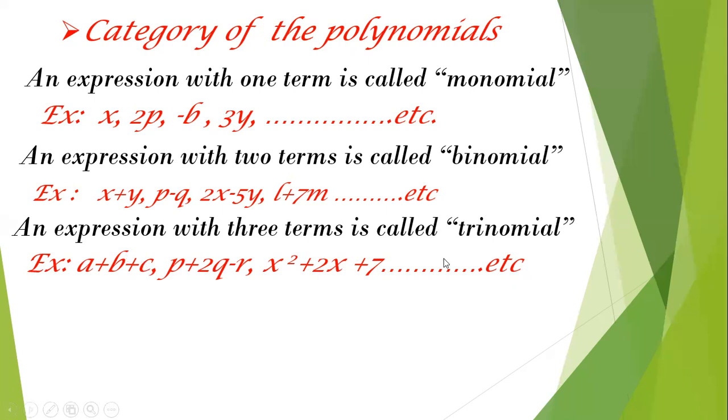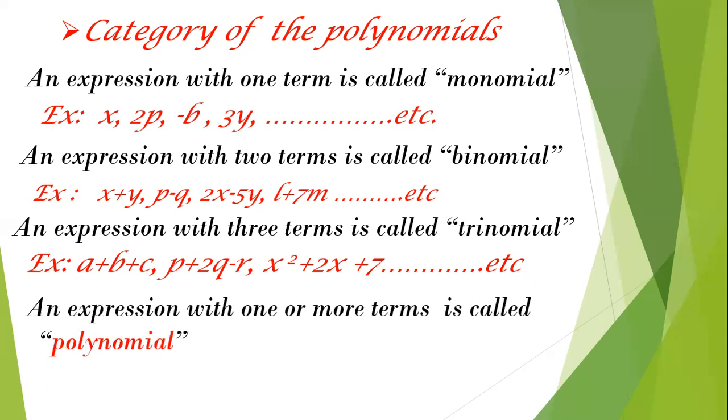So a monomial or a binomial or a trinomial, all are called polynomials. So an expression with one or more terms is called a polynomial. And this is the clear idea about the polynomials. So once again, I will read it. An expression with one or more terms.